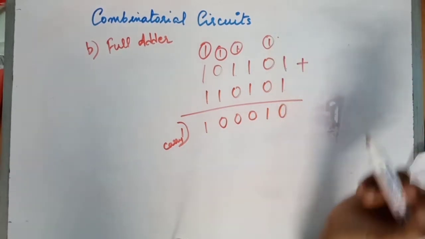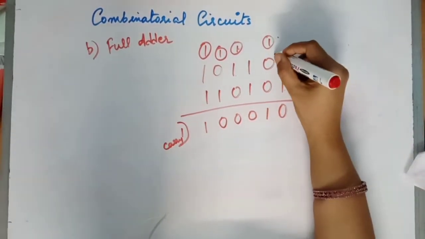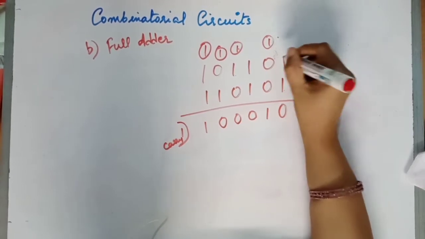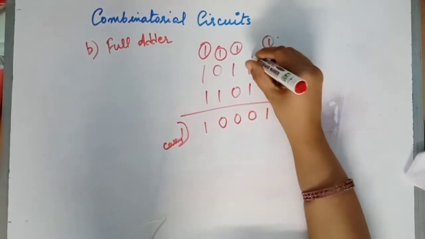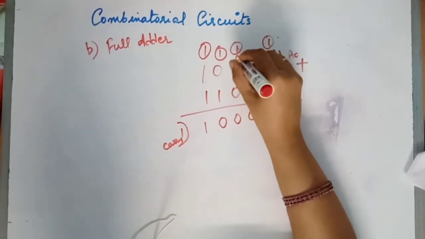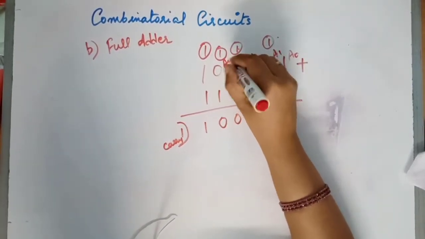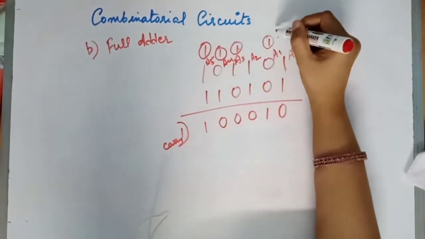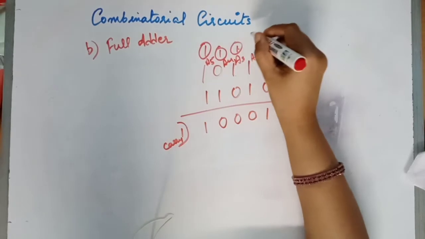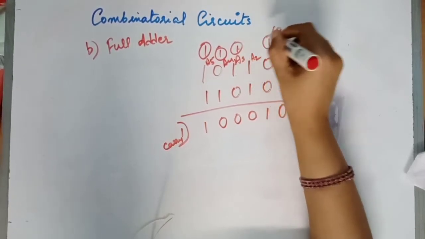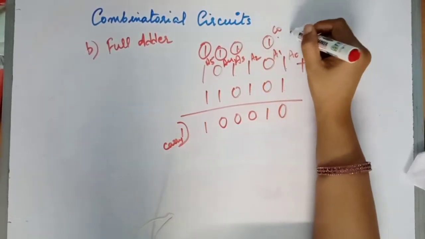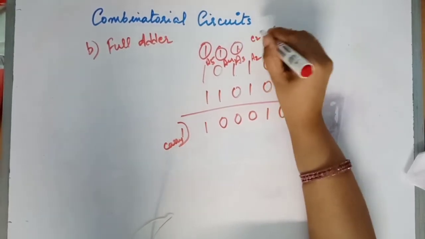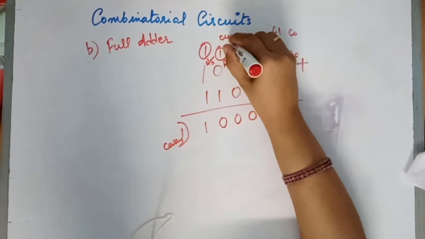Okay, so here, if suppose this is say A0, this is A1, A2, A3, A4 and A5, and previous stage carryover, this is C0, C1, C2, C3, C4 and C5.